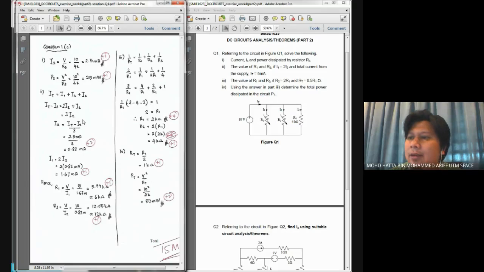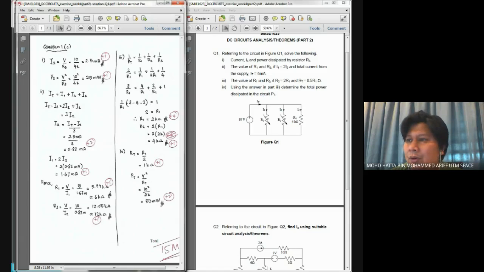At the end, I will get my I2 and also I1. To finish my calculation for the value of R1 and R2, I will use a simple Ohm's law, V divided by the current, and I will get my resistance value. So here R1 is around 6 kilo ohm and R2 is about 12 kilo ohm.